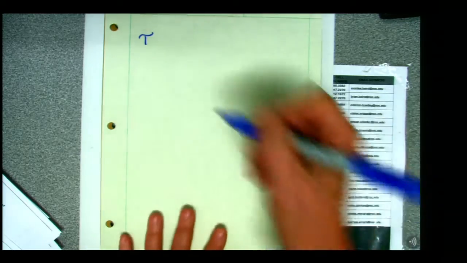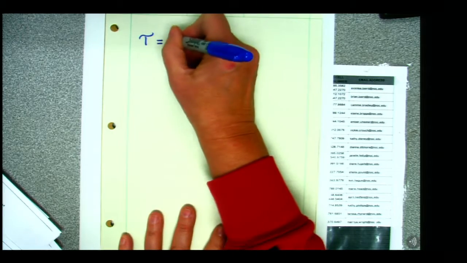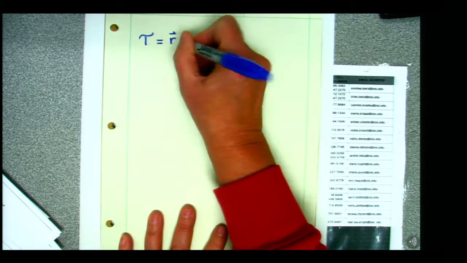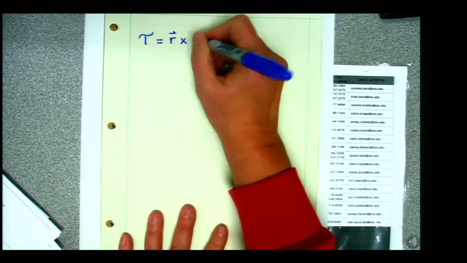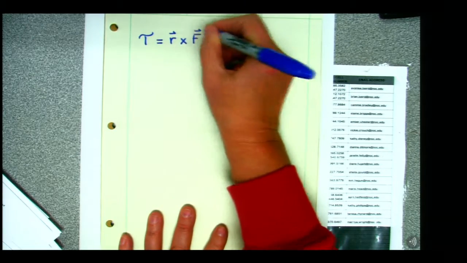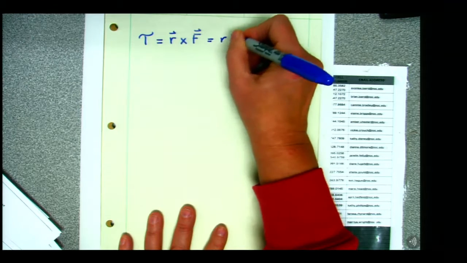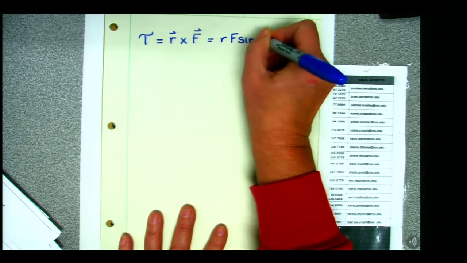All right. So we've been doing torque, and I did get the lecture posted for everything. Remember that torque is going to be our distance R cross product with the force, and that ends up being RF sine theta.